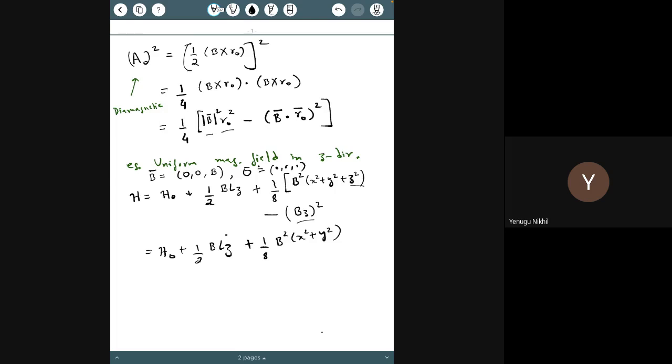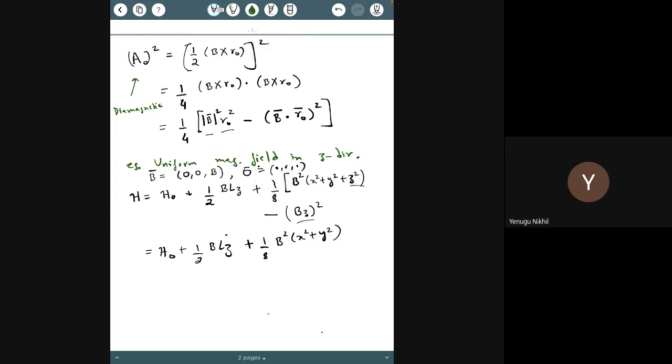Okay, so this is now simplified, and I have some explicit terms. So let's see what happens. So, the paramagnetic term now.